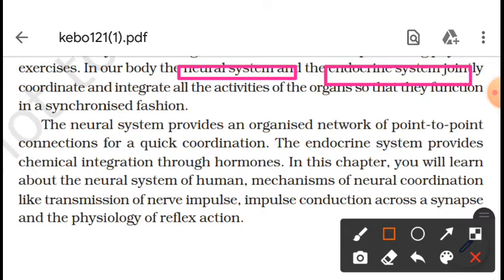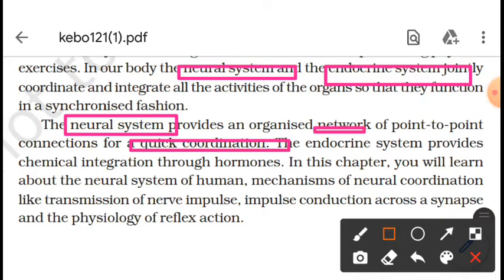When we talk about the coordination of both systems, as we know, the brain, spinal cord and nerves arising from them are the main parts of the neural system. They are required for quick coordination. It means a message is passed through the CNS to an organ and from the organ to the CNS.